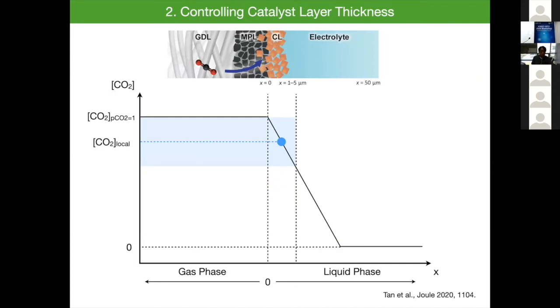And the other way is that you can increase the catalytic layer thickness. Then the profile is the same, but you push the interface between the catalytic layer and the electrolyte like this. Therefore, you can modulate the local CO2 concentration on average in the catalytic layer.